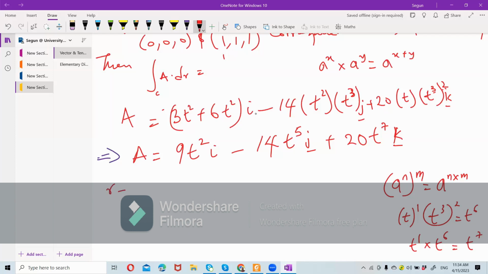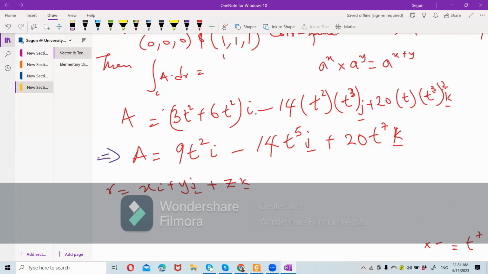Our R is equal to xi plus yj plus zk. And we know our x to be what, please? What is your S? Your S represents what?